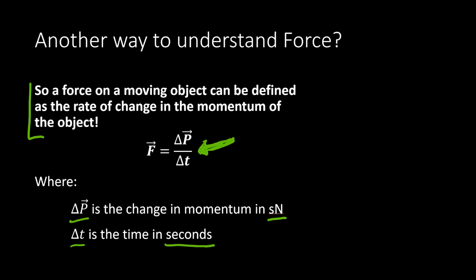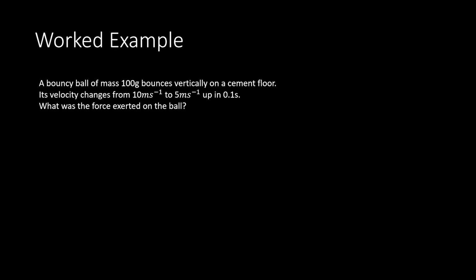So then, let's have a look at a question. A bouncy ball of mass 100 grams bounces vertically on a cement floor. Its velocity changes from 10 meters a second down to 5 meters a second up in 0.1 seconds.